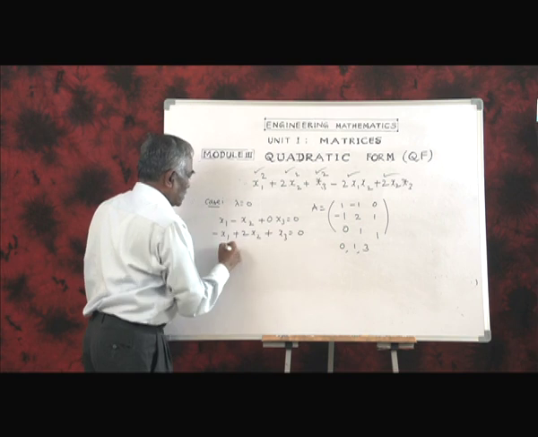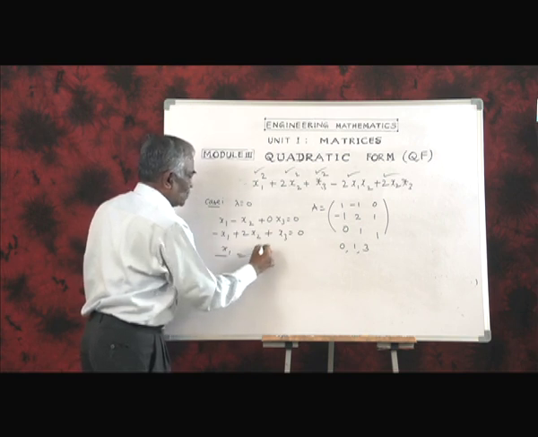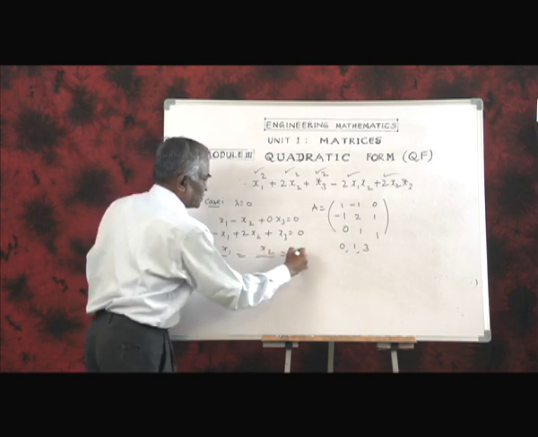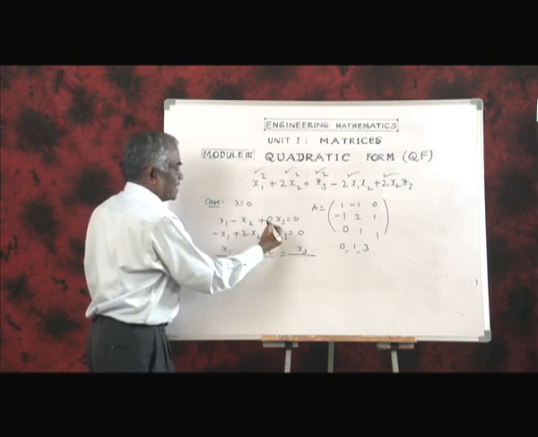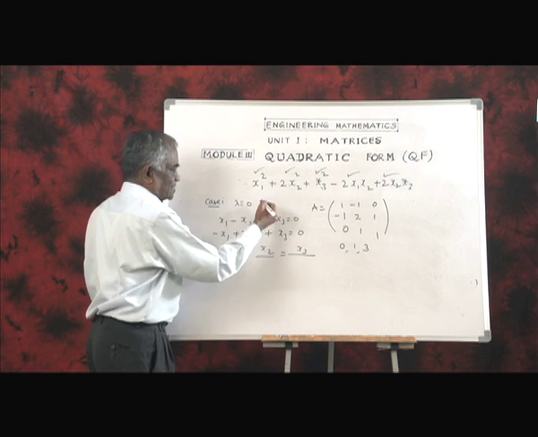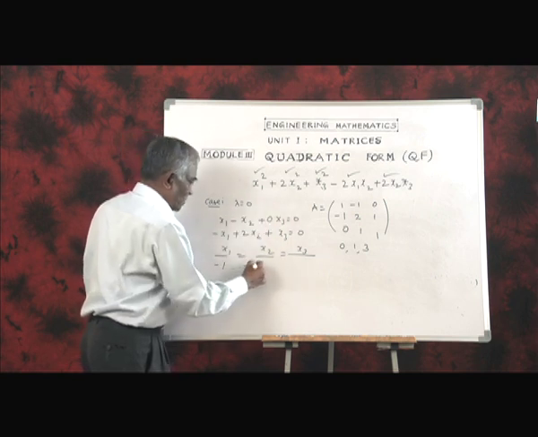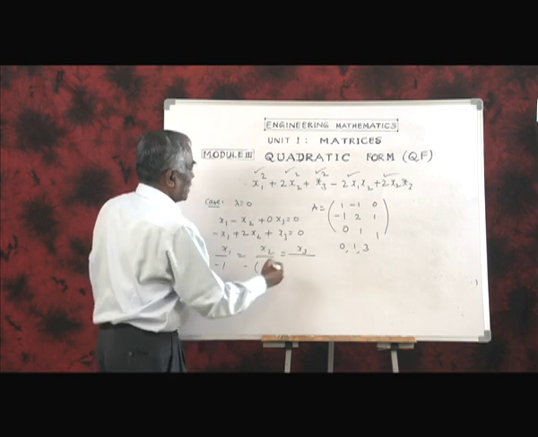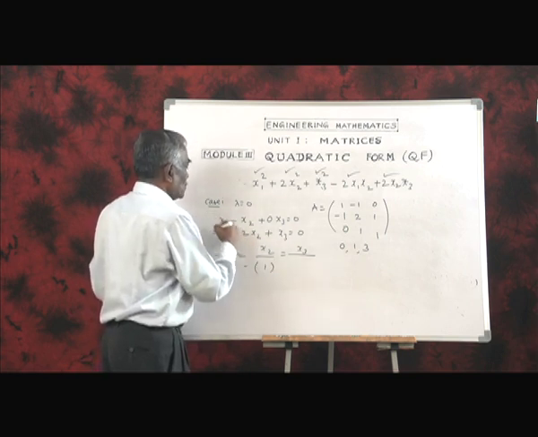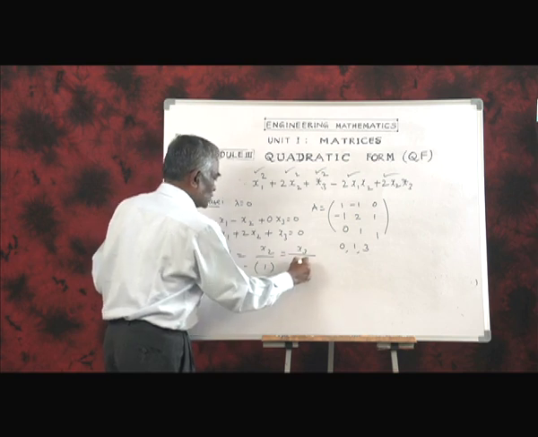equal to 0. Therefore by applying the cross multiplication rule, as I explained in the first module, we have x1 divided by this product minus 1 minus 0, therefore minus 1, then minus of this product is 1 minus 0, that is this one, then this product 2 minus 1, so that is 1.